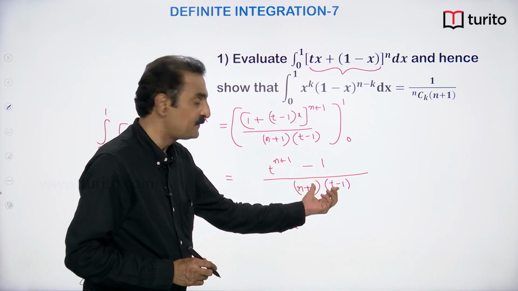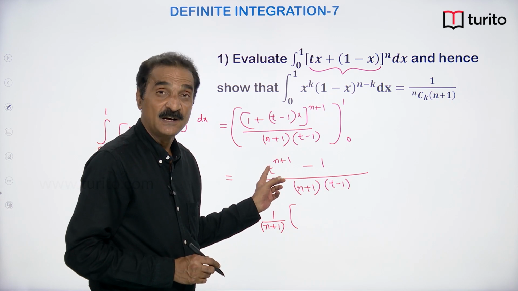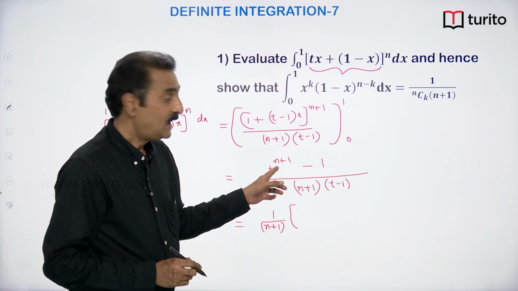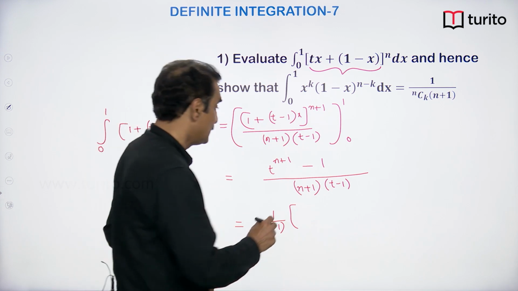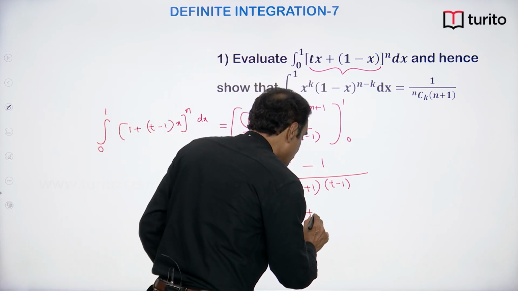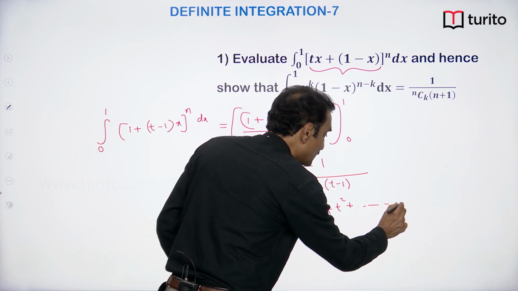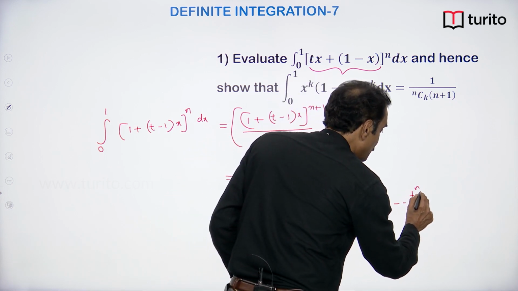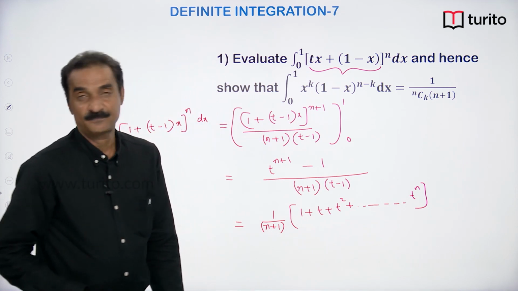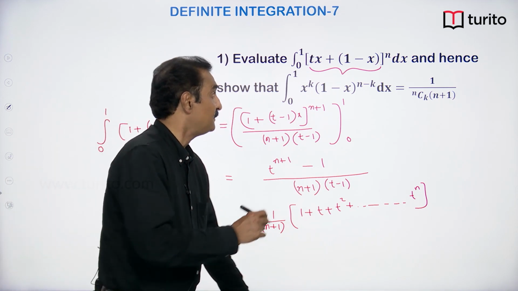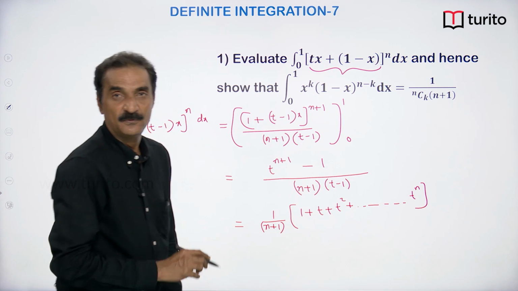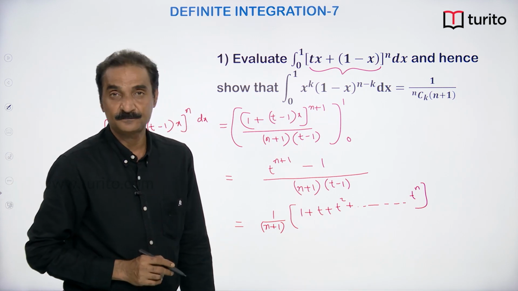So this is the sum of a GP with first term 1 and common ratio t, and number of terms n plus 1. So the GP will be 1 plus t plus t square and so on up to t power n. Okay, so the first part is over. We have evaluated the integral.